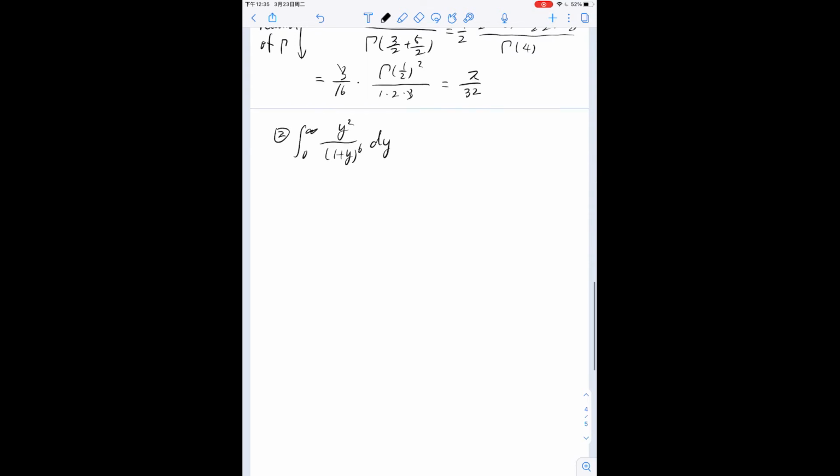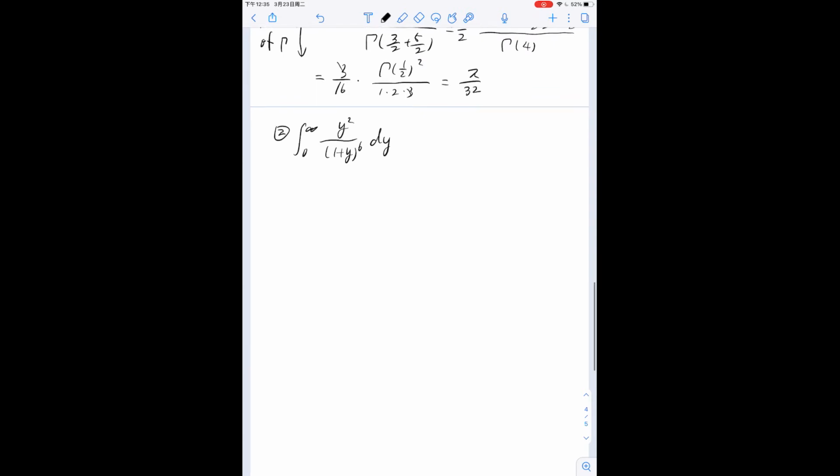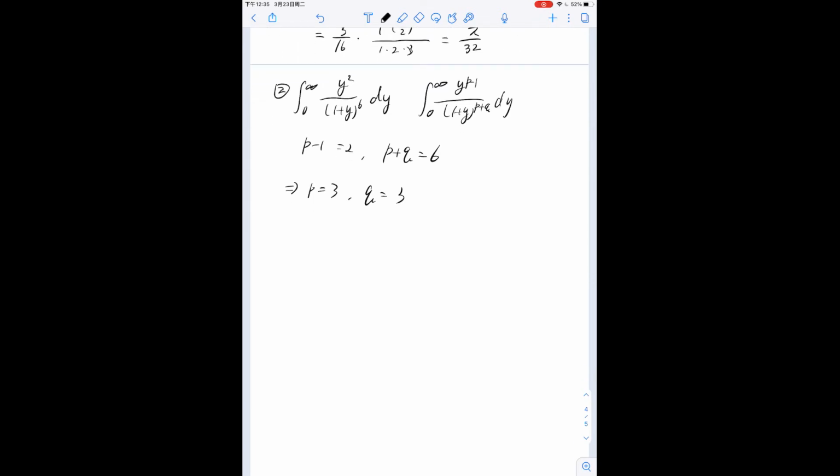In this case, we want to use the form of this. We have p minus 1 equals 2, p plus q equals 6. We get p equals 3, q equals 3. Therefore, what we need to calculate is actually B(3,3).